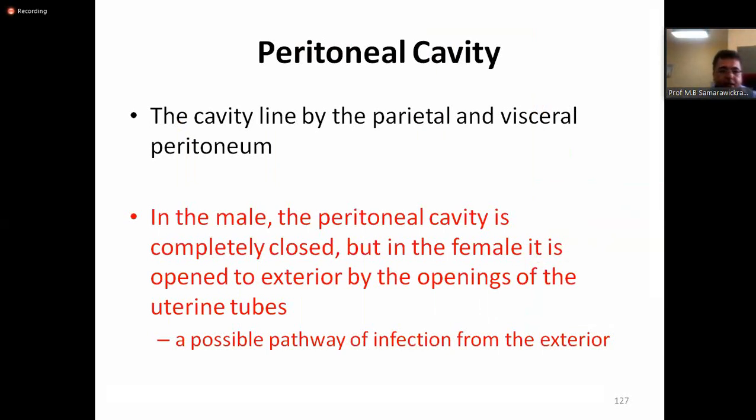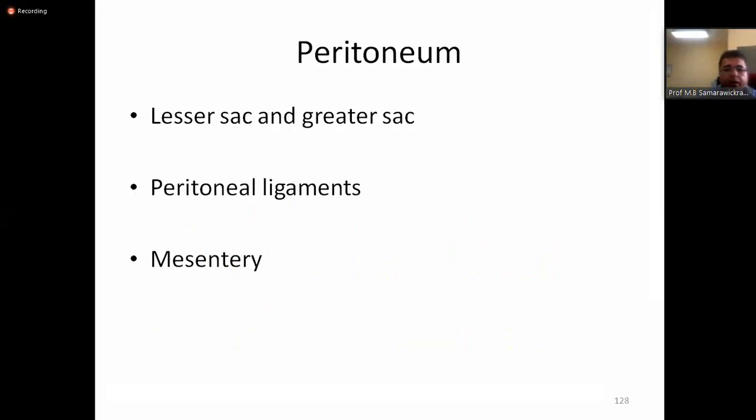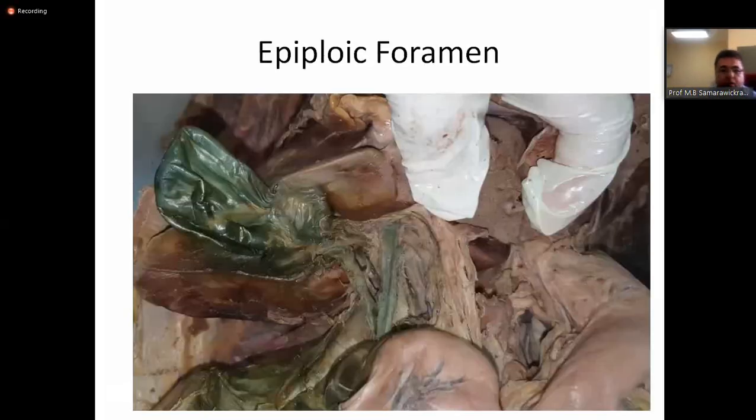Peritoneal cavity. In the male, the peritoneal cavity is a completely closed sac, but in the female, it is an open sac. Right. So regarding the peritoneum, you have to know the lesser sac and greater sac, the peritoneal ligaments, and what are mesentery and all these. And here you have to know the important area in the peritoneal cavity: the lesser sac and the greater sac communicate via the epiploic foramen.